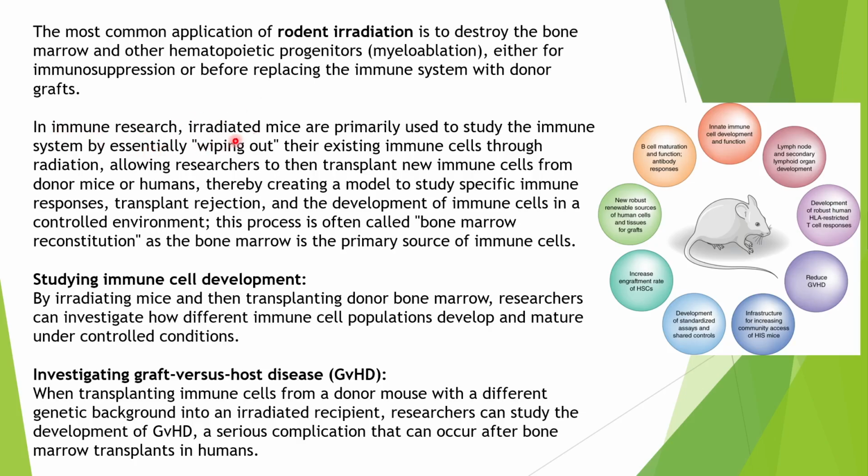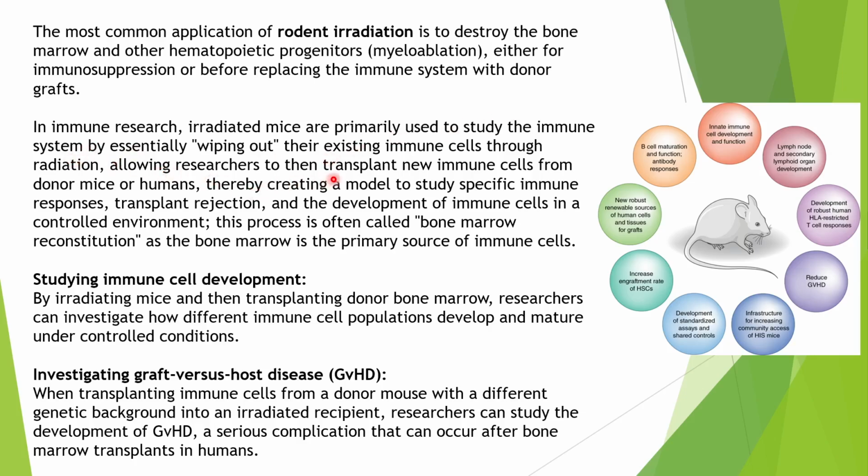In immune research, irradiated mice are primarily used to study the immune system by essentially wiping out their existing immune cells. So, as I said, the complete immune cells of the model organism is wiped out. That is, it is nullified or removed by irradiation.